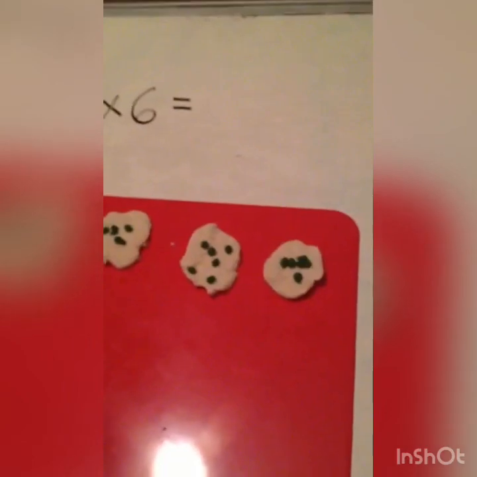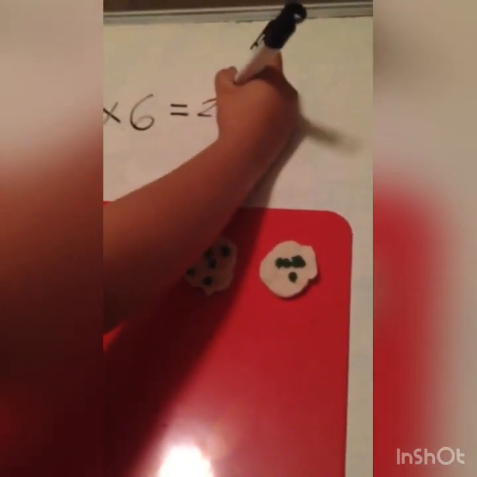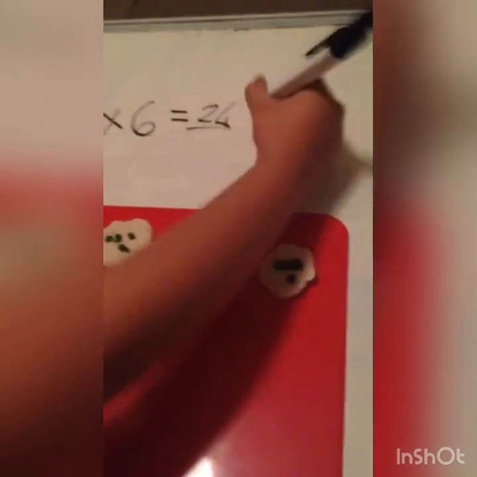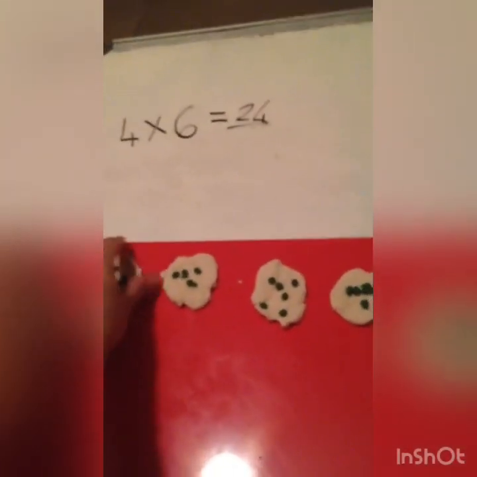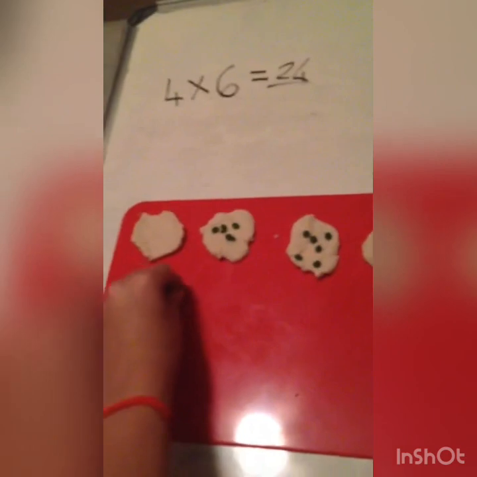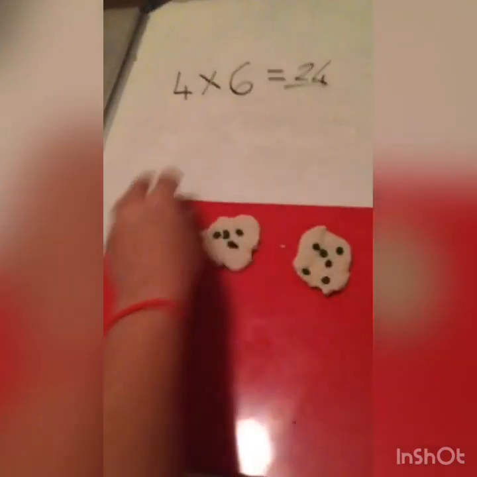So the answer of 4 times 6 equals 24. Good. Now, what happens if I ask you to write down 6 times 4? Write down 6 times 4 for me there.